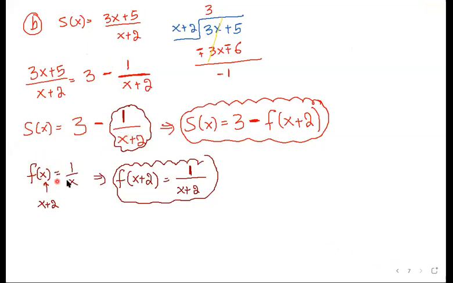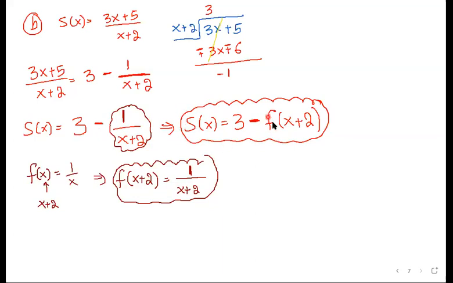I know the function f of x equals 1 over x. If I plug in x plus 2, I get f of x plus 2 equal 1 over x plus 2. So actually s of x equals 3 minus f of x plus 2.